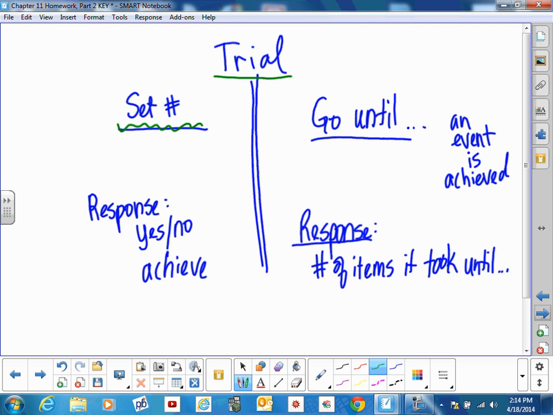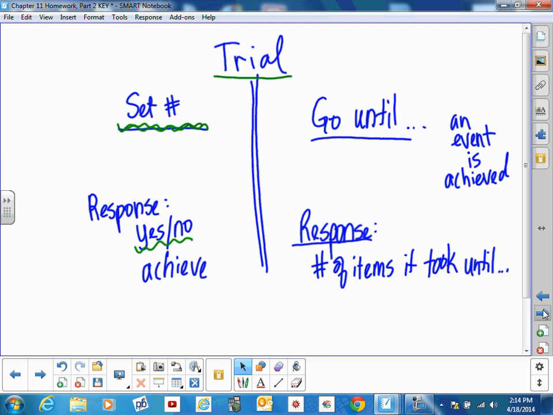So you could be having a set number of events that you have to do, so your trial covers that many every single time. When you have that happen, the response variable is going to be basically a yes/no answer as to if you achieved what the question was asked to achieve. Did you achieve what they asked you to achieve?